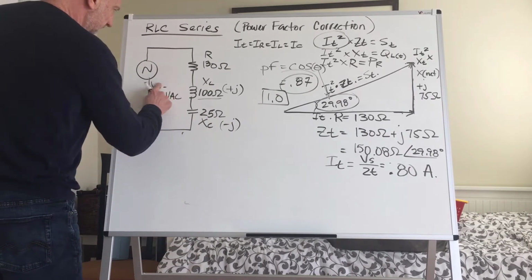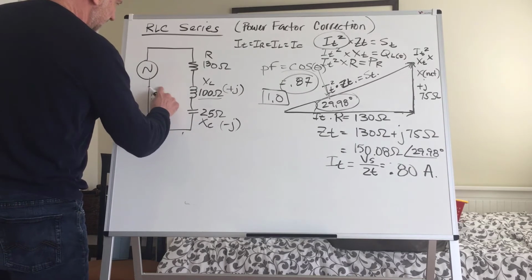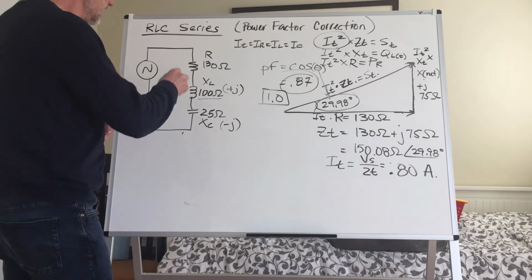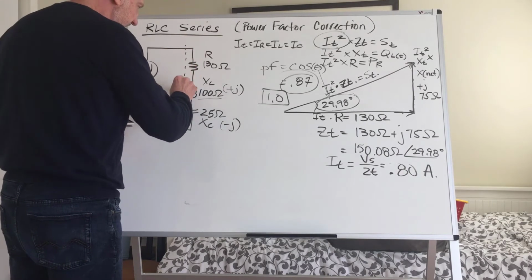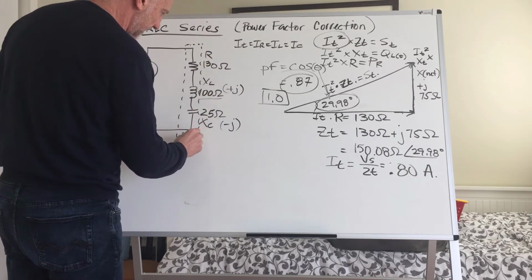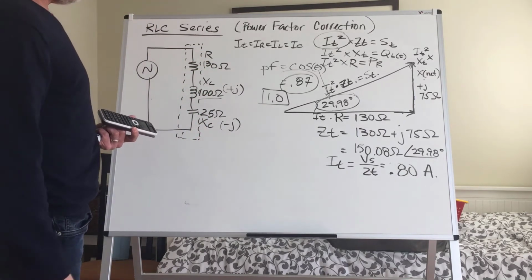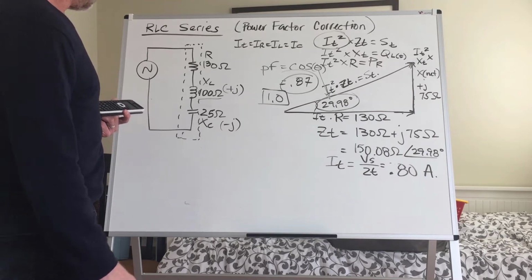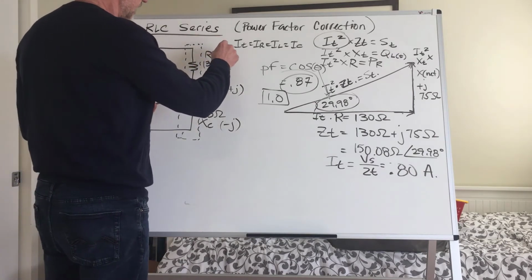So, when it comes to correcting an RLC series or even a combination circuit, we have to understand that everything that makes up that load, either in purely series or in a combination of series and parallel, is what's representing the load, right?